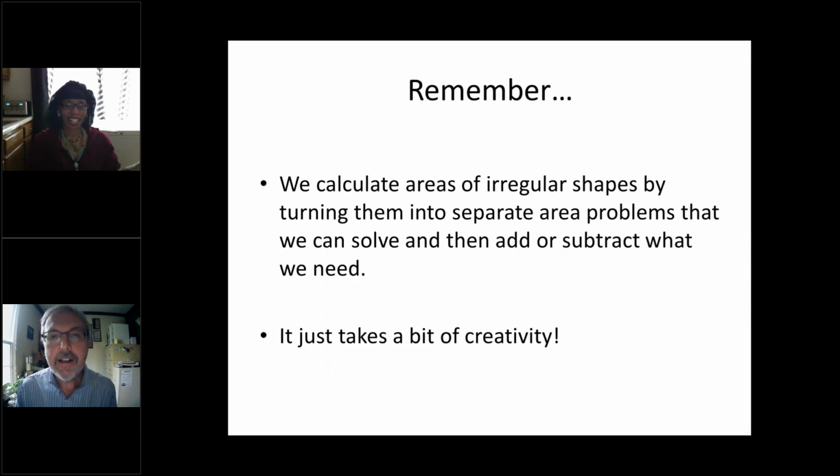So just to kind of touch on things, just to summarize. So we know how to calculate the areas of a lot of different shapes because we have formulas for doing that. But when we have these irregular shapes, we have to turn them into different problems that we know how to do. So sometimes we have to cut things up into sections.